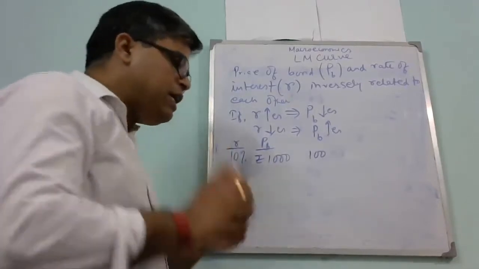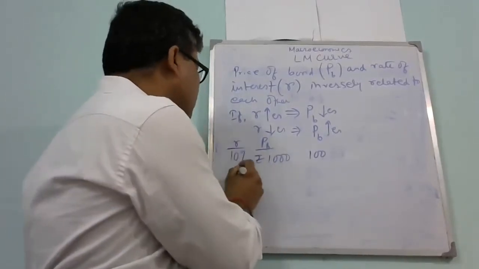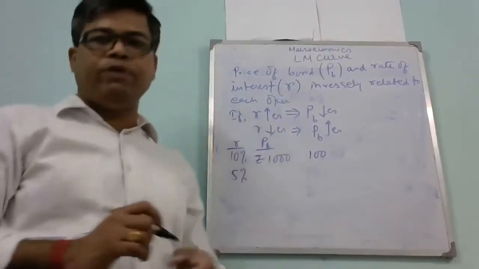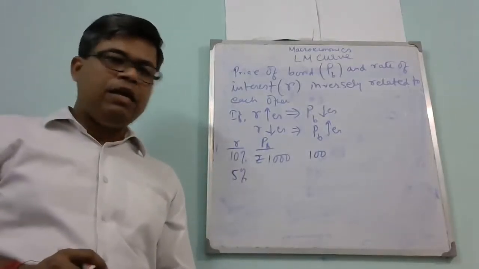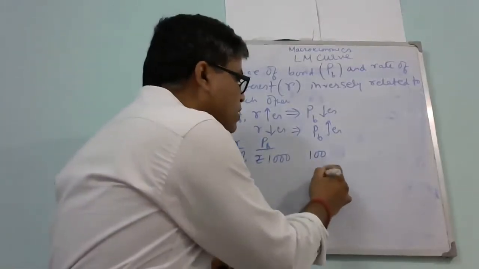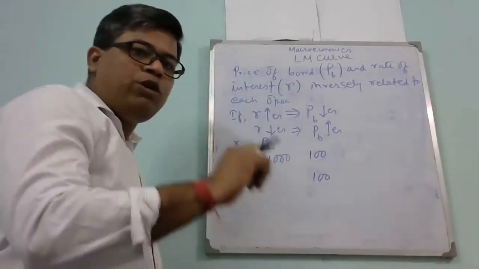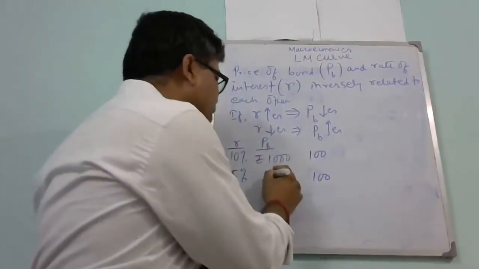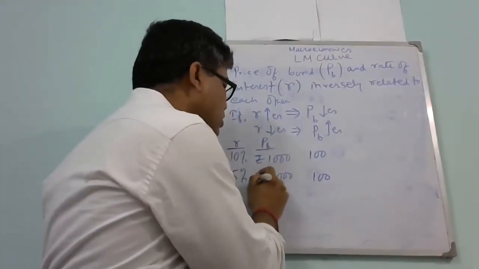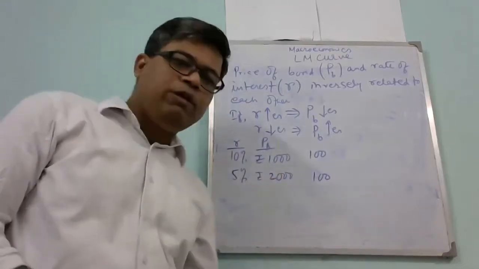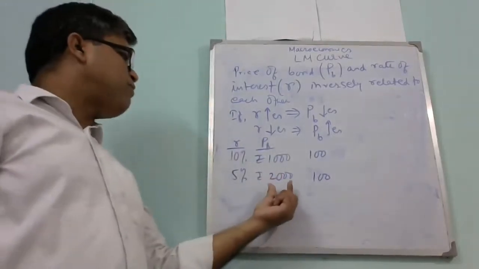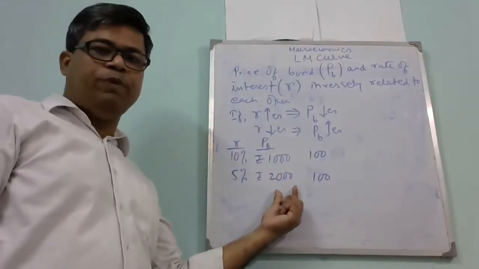Now suppose the rate of interest has fallen to 5%. To get the same return of 100 rupees, the person will have to hold a bond whose price value is 2000 rupees.